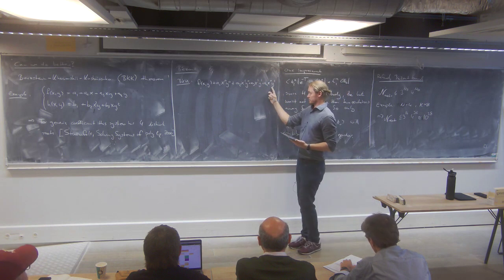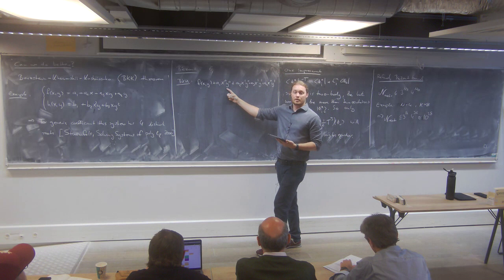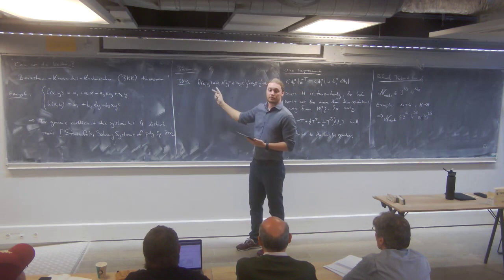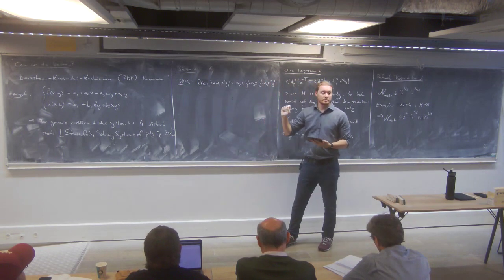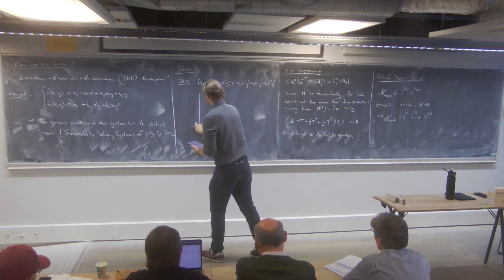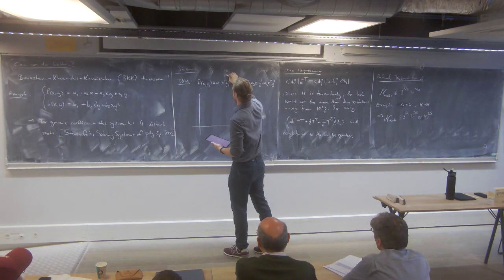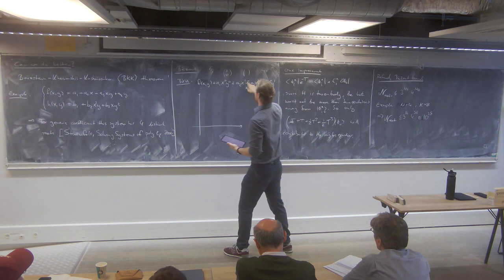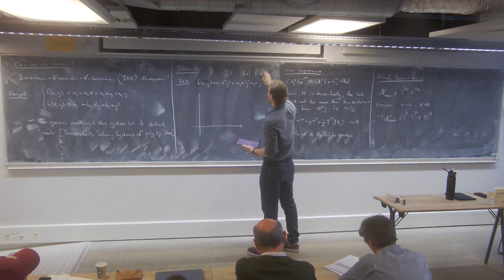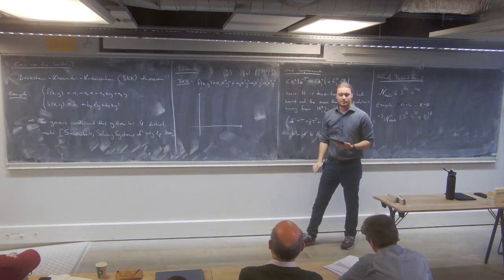Now each monomial corresponds to a point in a space of dimension the number of variables. So 2 dimensions. So each monomial will correspond to a point in 2D. So here we have 0, 0. This is our point 0, 0. We have 1, 0, so it'd be the point 1, 0. We have 1, 1, and we have 0, 1.